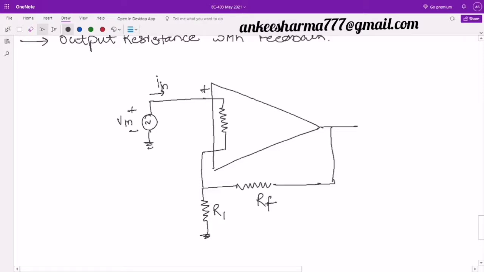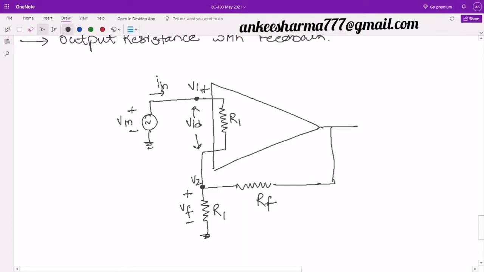The voltage across this R1 is V2, and we have also named it as VF. So two names are there. This resistance is R1, this voltage is V1, and the difference of these two voltages was taken as VID. These are simple things.